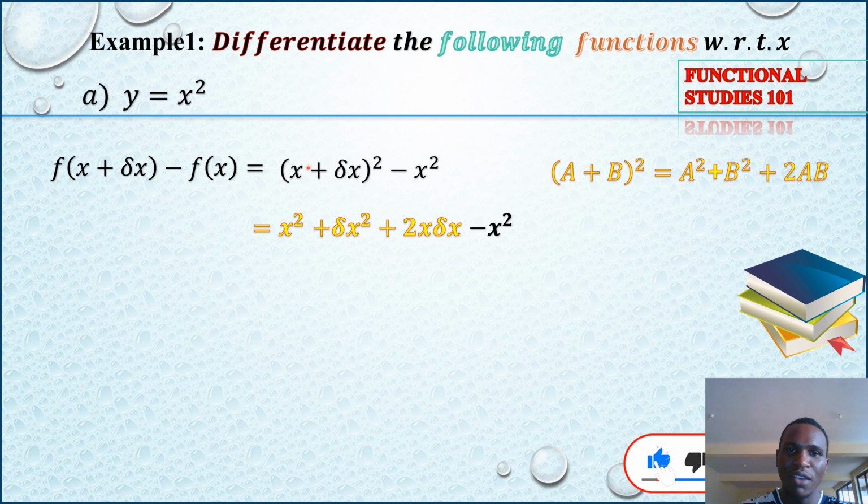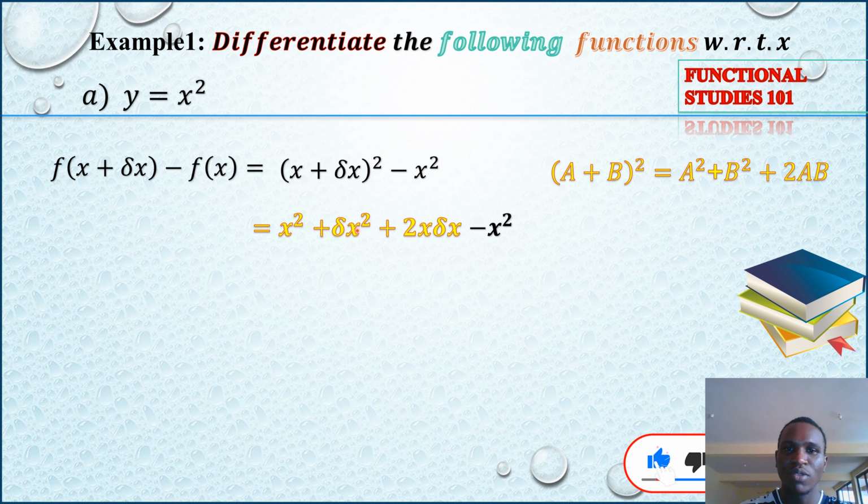We have x squared, the first term squared, plus the second term squared. Delta x is a single symbol, so you square it: delta x all squared. It is not delta and then x squared; it is delta x all squared.